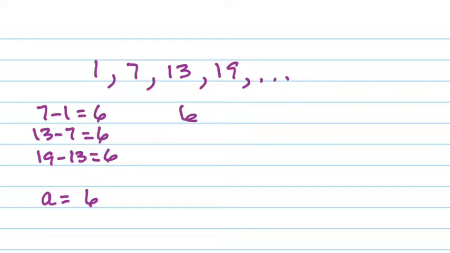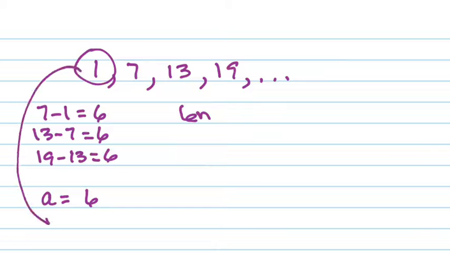So we're going to put that 6 in front of our n. Now I need to decide plus or minus our B. Since my A is positive, I'm going to subtract it from our first number. So it's 1 minus 6. And 1 minus 6 gives us negative 5.